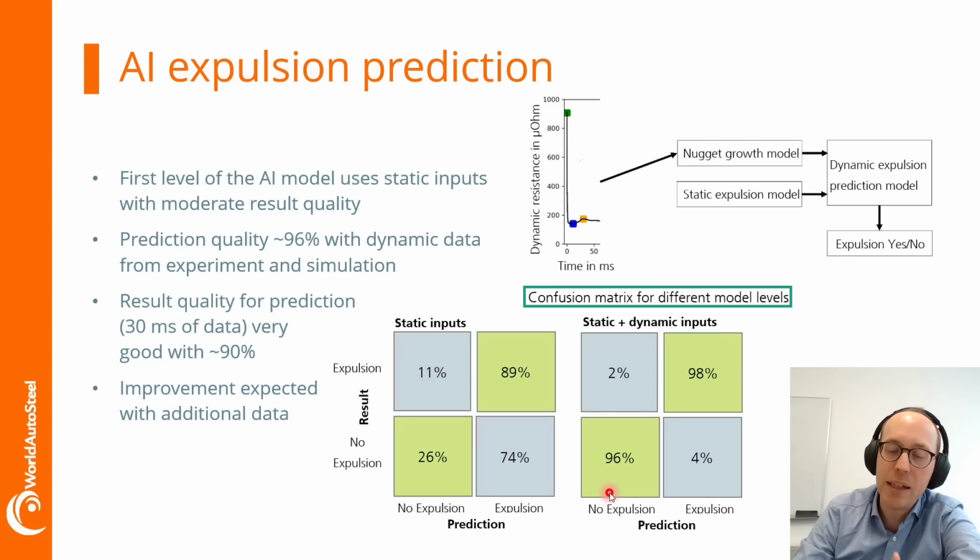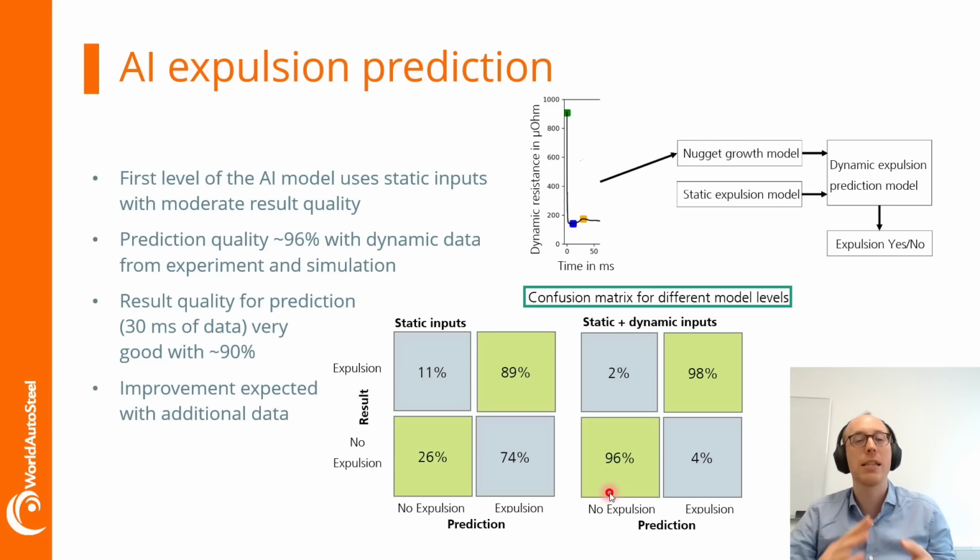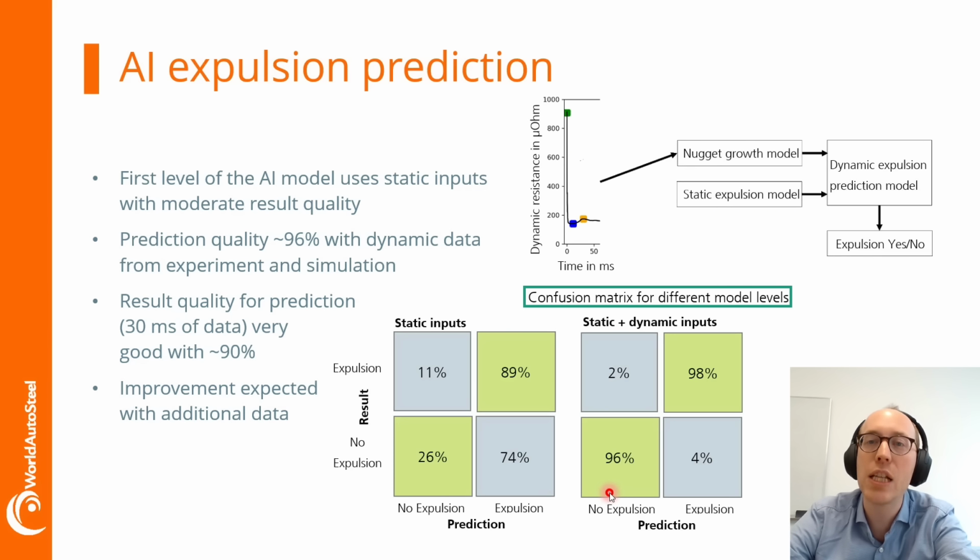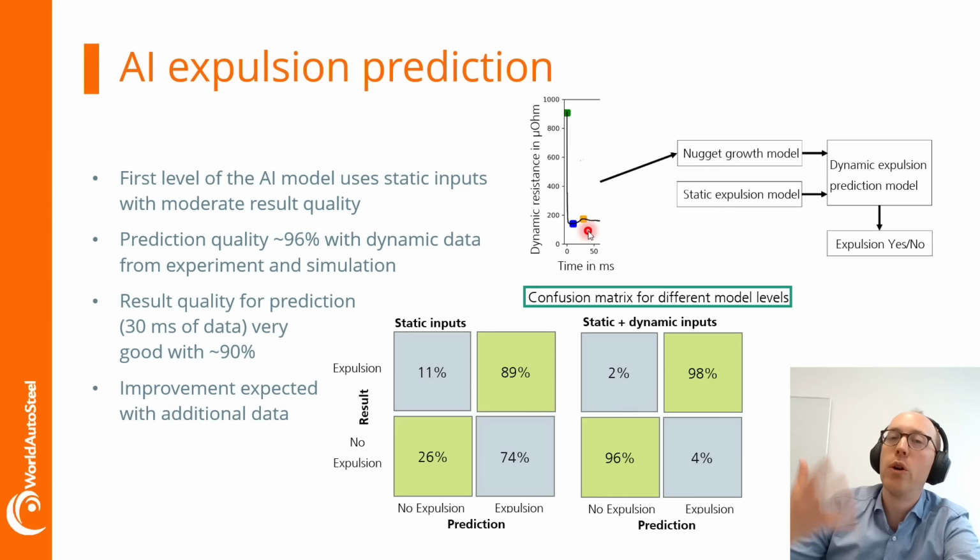And finally, once it has predicted, we want to have time to act, to change the process, to stop the process so that we can ultimately avoid expulsion. So in this case, we've only used 30 milliseconds of the weld data, of I think a 300 millisecond weld, so that afterwards we would still have time to process the data and then to somehow alter the process.